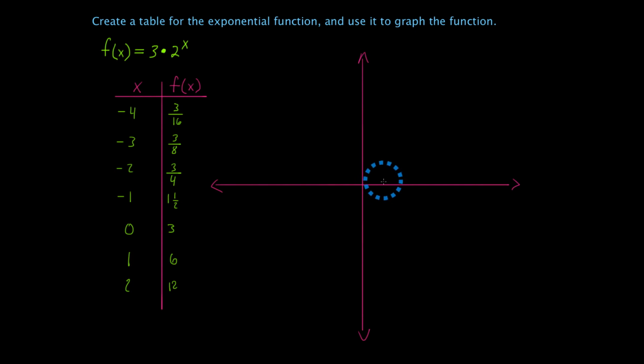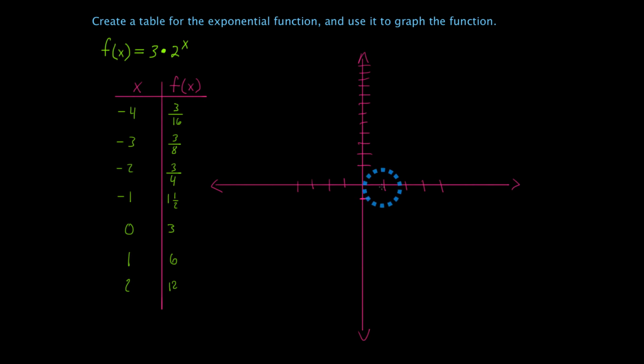And let's get some tick marks down here. 1, 2, 3, 4. And on the vertical axis 1 through 12.